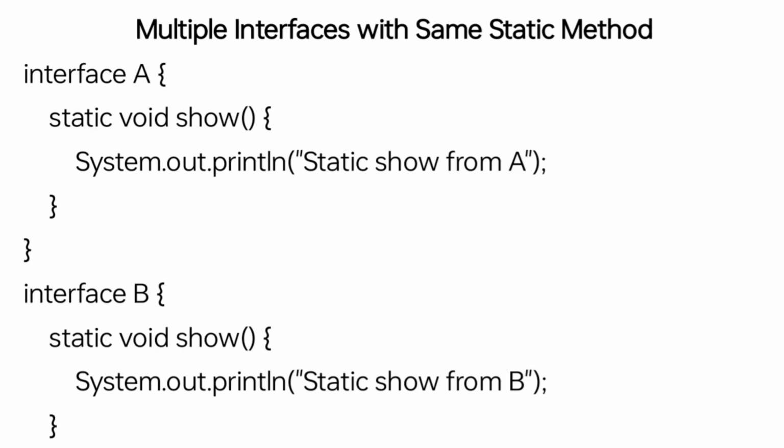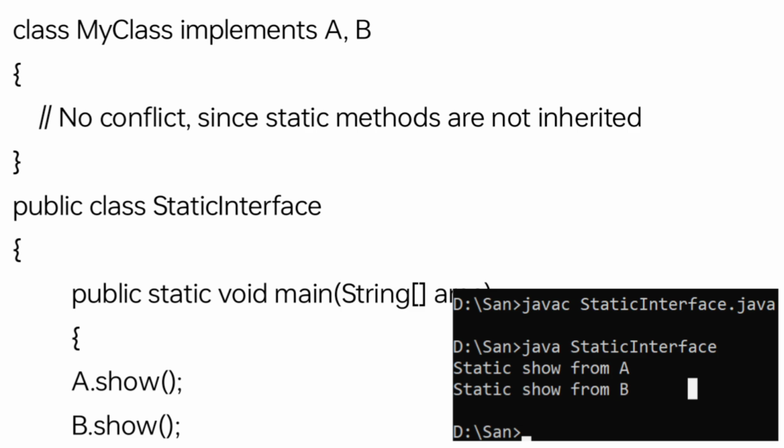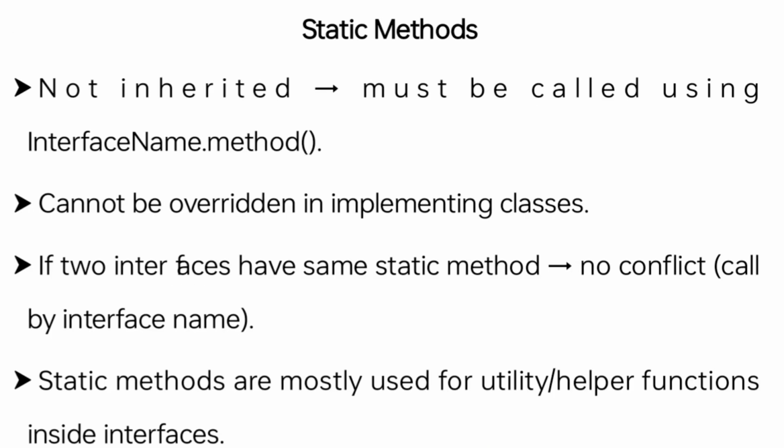Here the two methods are static, so no conflict arises. A.show means the method defined in the A interface will be executed.